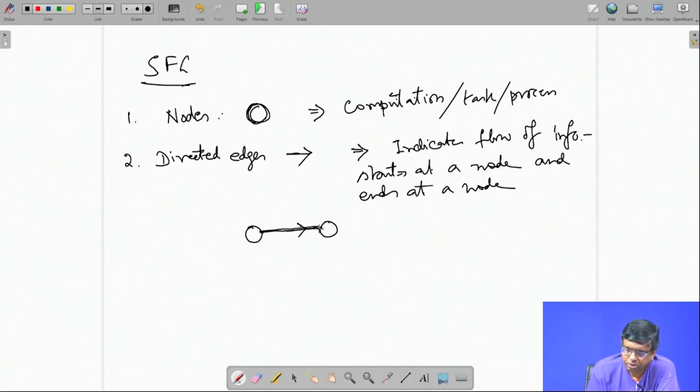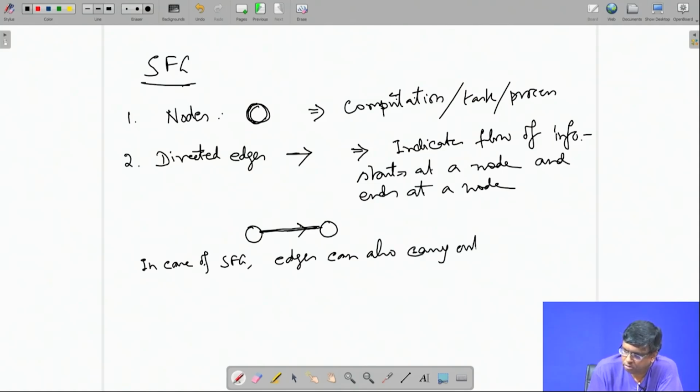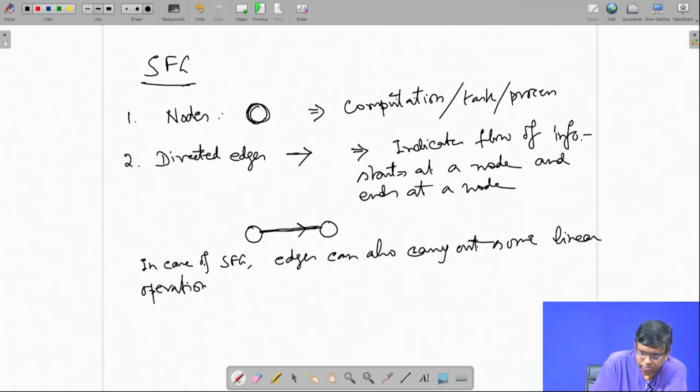All right. Now, in the case of SFG, edges can also carry out some linear operations, like constant multiplication.